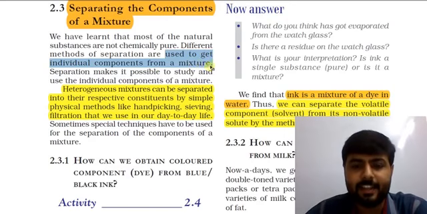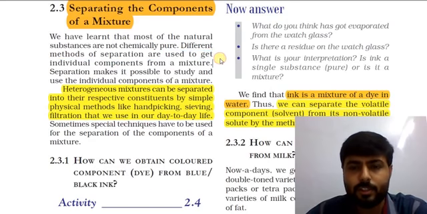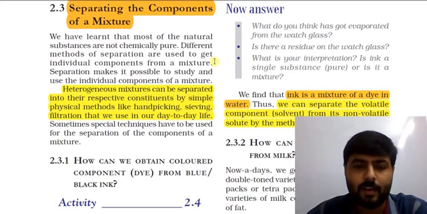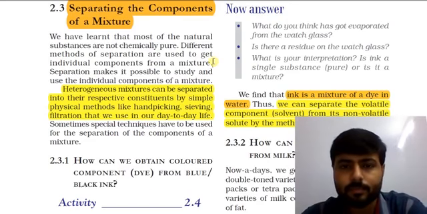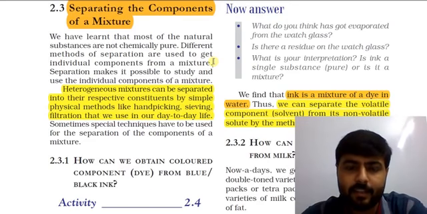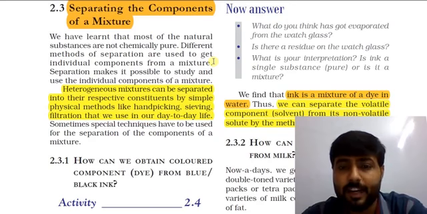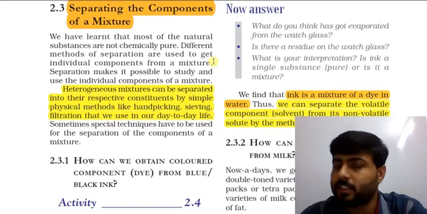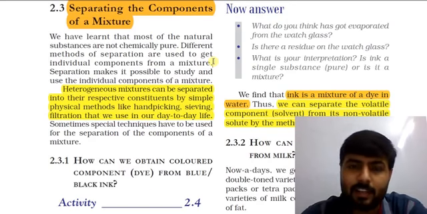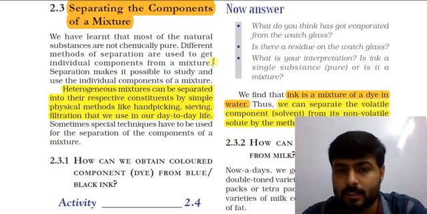Now in nature there are some mixtures in which there are useful components. You will study in your higher standard how we get the metals out of ore, how we get different minerals, how we get petrol, diesel, that we will study in this chapter only. So those are very useful substances for us.